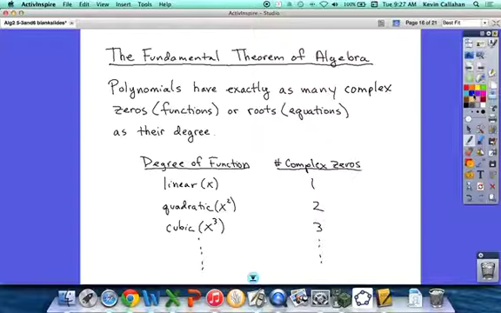So for example, if we have a linear, because it's x to the first, we would expect 1 complex zero. For a quadratic, because it's x squared, we expect 2. For a cubic, because it's x to the third, we expect 3. Whatever's the highest power, that's the degree, and that's how many complex zeros you've got.